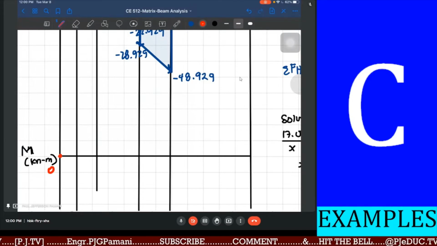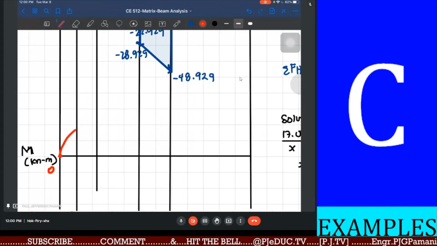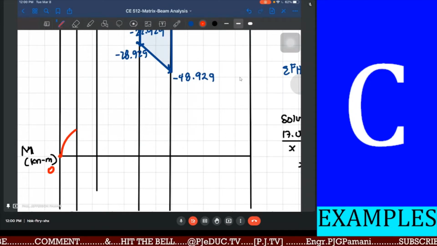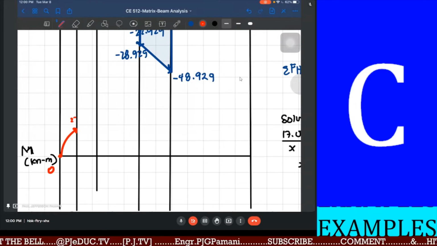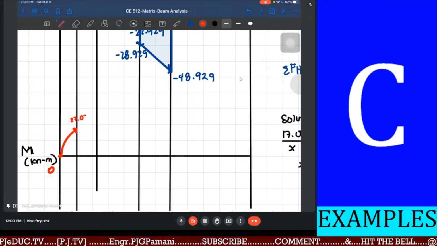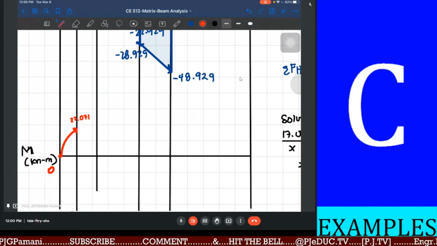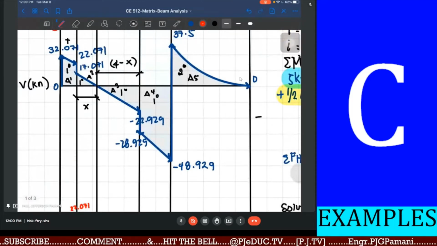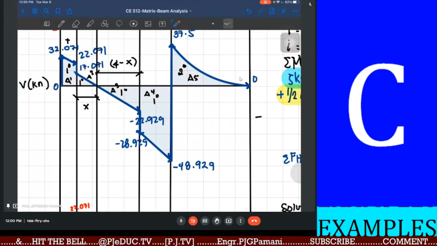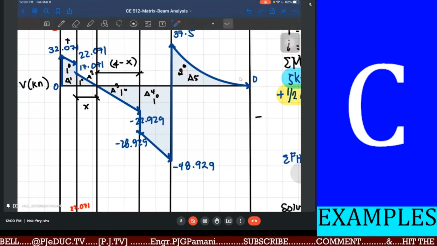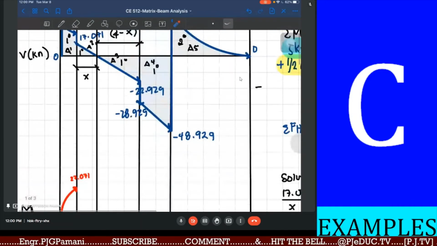So, yung curve, opening upward, that is 27.071 kilonewton meter. Then, the area of a triangle. Area of a triangle, 17.071 base times height. So, from 27.071 plus the area of the triangle.